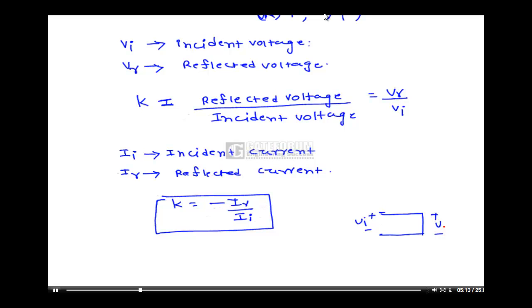This reflected voltage I am considering positive, that is VR. Generally current flows from positive to negative. So the reflected voltage will generate a current like this, IR, whereas the incident voltage will generate a current II like this. That is, the reflected voltage generates an opposite current to the previous one. That's why I am defining the reflection coefficient for current as minus IR by II.